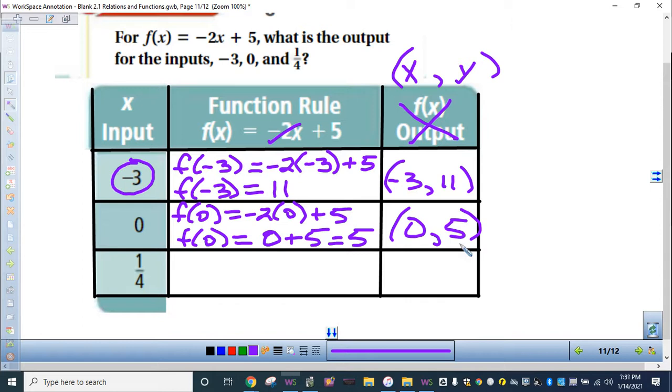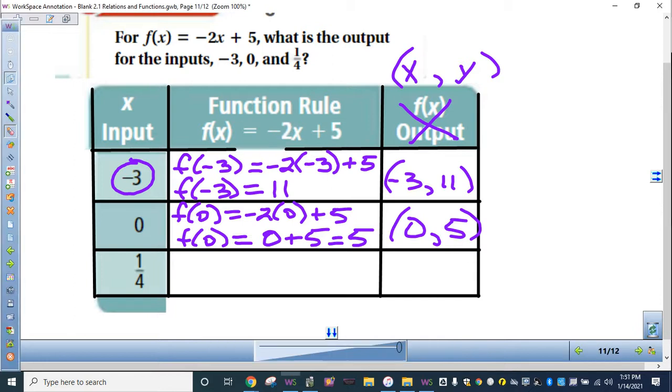So if you think about y equals mx plus b, because this equation is in y equals mx plus b form, what does 0, 5 represent? What part of y equals mx plus b does it represent? The y what?